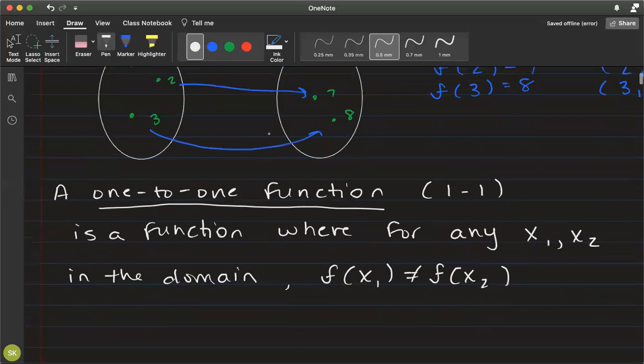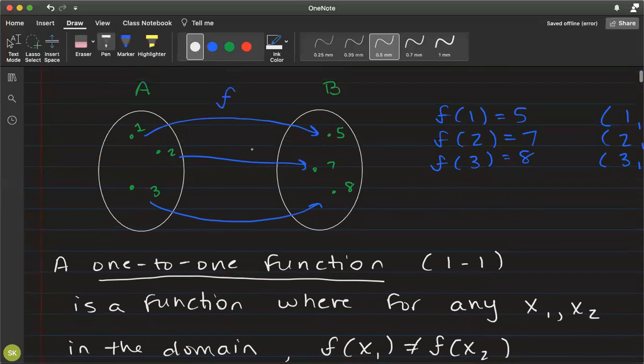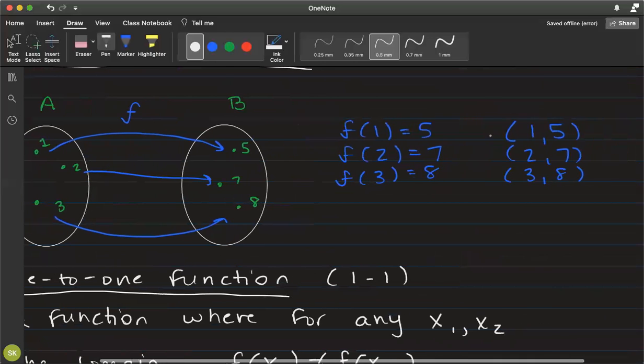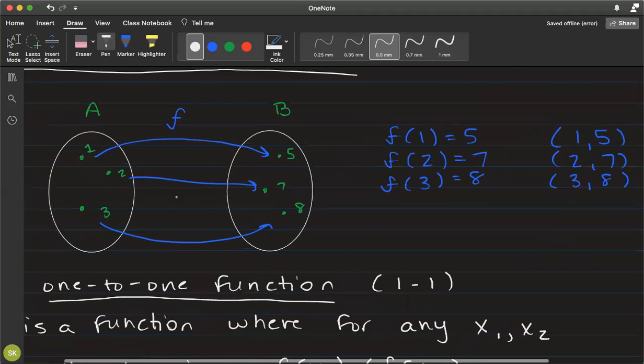Now, you might be given pictures like this on your homework where you're asked to figure out if it's a one-to-one function. Something else they might do is give you a set of ordered pairs and ask you if this is a one-to-one function. So notice that we can write a picture as a set of ordered pairs.